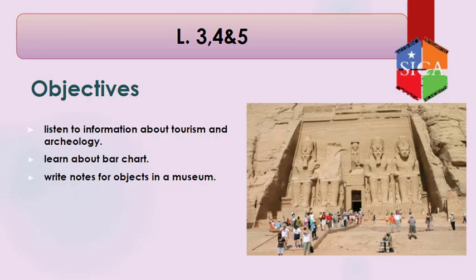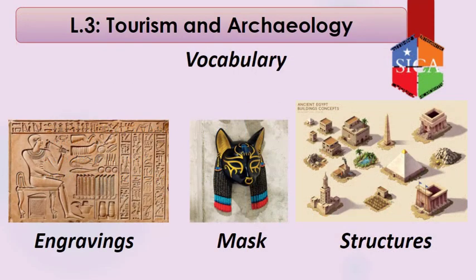So now, let's start with vocab, lesson 3, tourism and archaeology. Number 1, engravings. Engravings are these symbols that are written in the wall or carved in the wall. Mask. Structures.